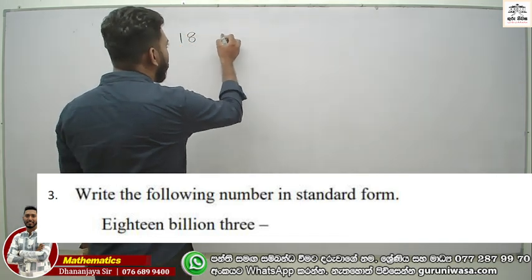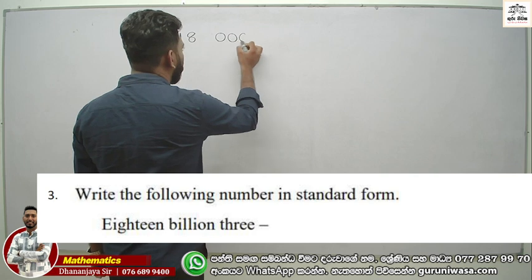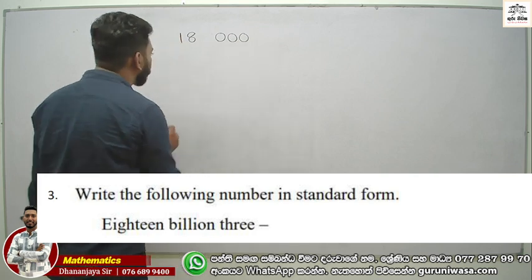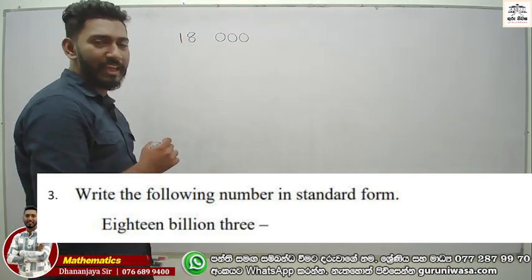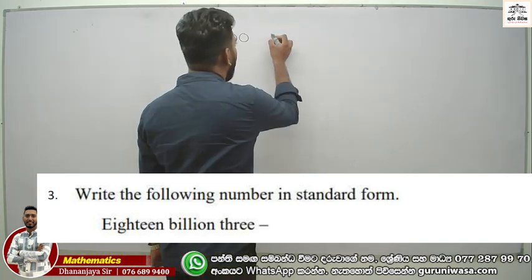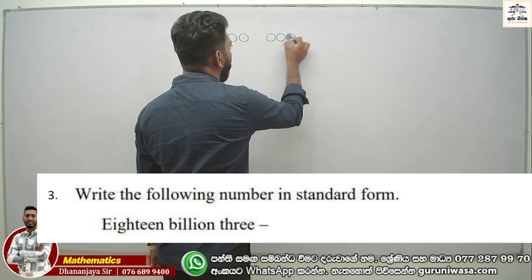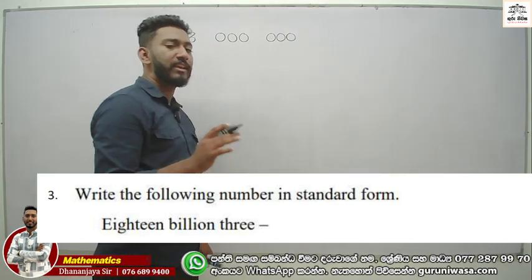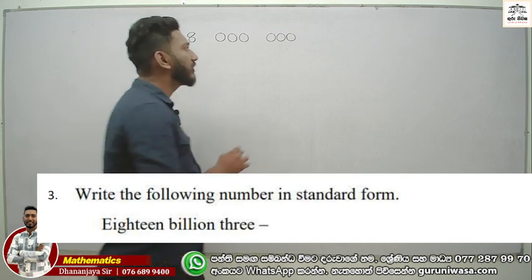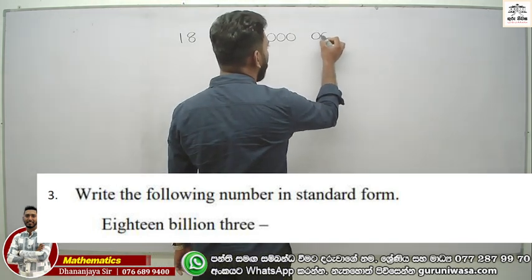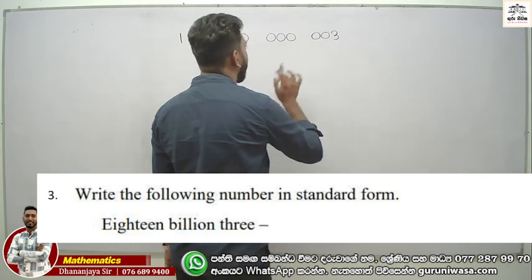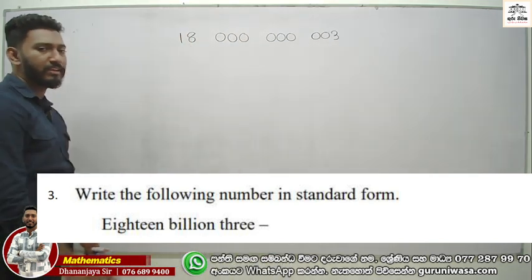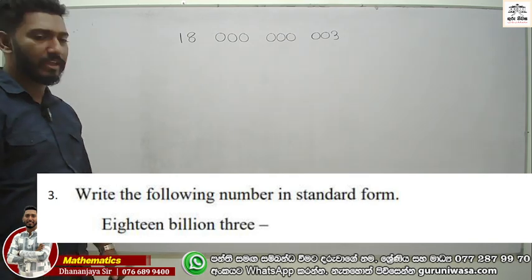There are no millions, so put 3 digits as a million place zeros. And the thousands place also has none. The unit zone becomes 003. This is the number: 18 billion 3.